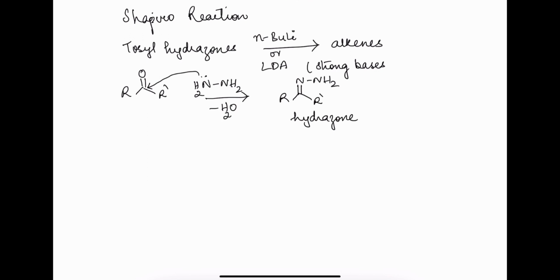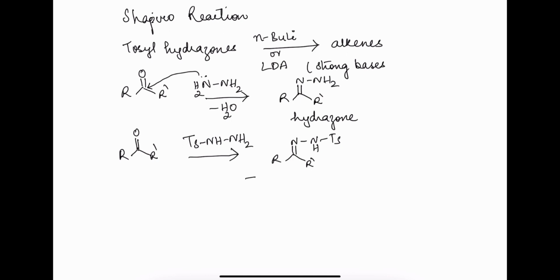In a similar way, tosyl hydrazones are obtained by reacting the ketone or aldehyde with tosyl hydrazine. This is the tosyl hydrazine.